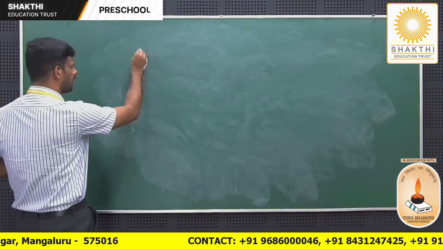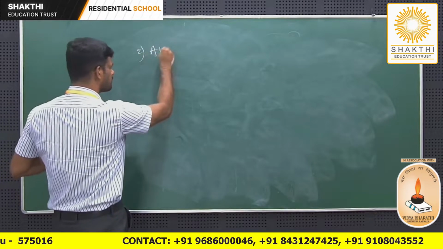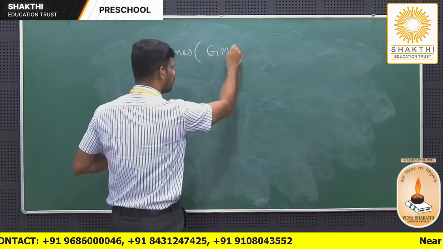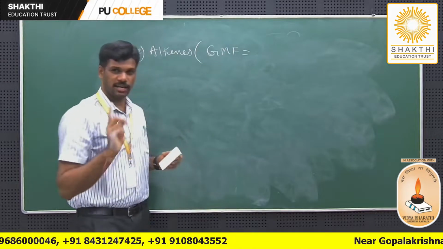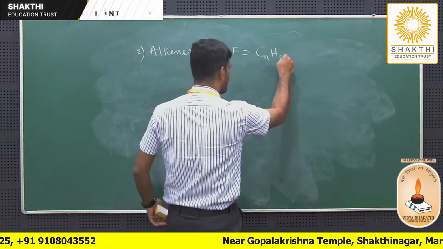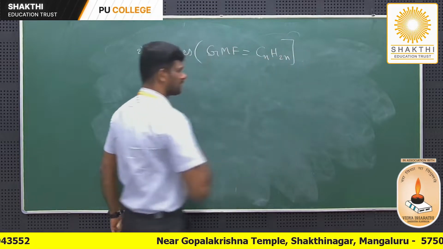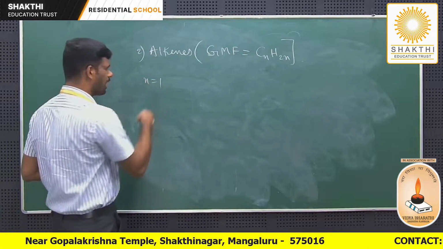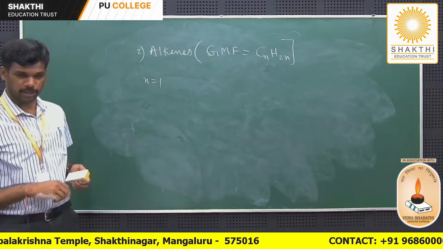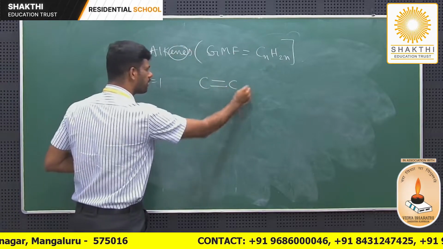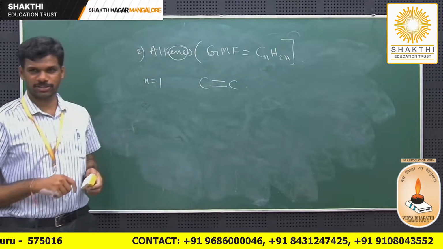Next one, I'm going to the second one, that is alkenes. As you all know, the general molecular formula of alkane was CnH2n+2, whereas here this is CnH2n only. So it is very clear, n is equal to 1 is not going to happen, because if there is ene, the double bond between 2 carbon atoms is a must.